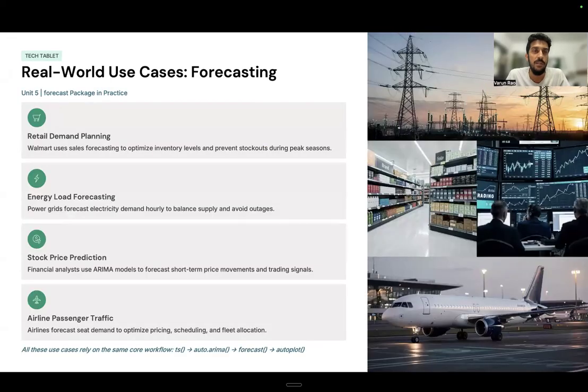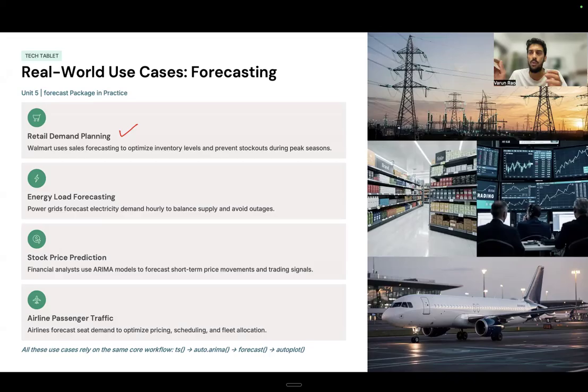Then you have some real world use cases with forecasting. Okay, here are a few examples that I've tried to list out. Now, these examples are just a few, but if you have understood the topic, then I think you can possibly build out your own examples from these use cases. So the first one is retail demand planning. Okay, so what are you doing here?